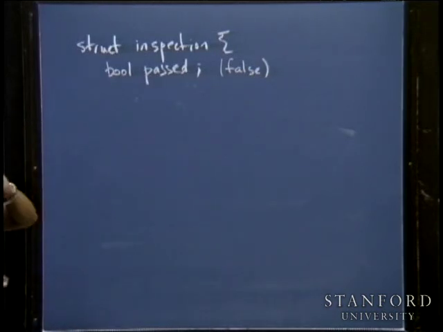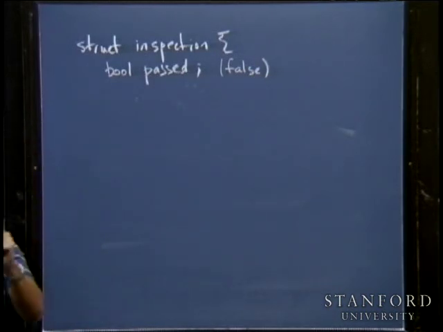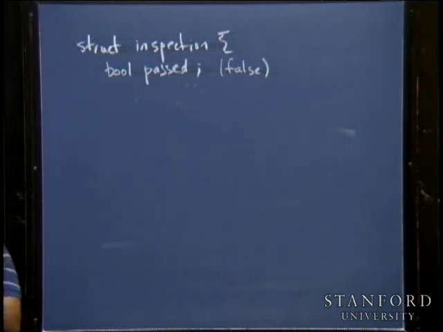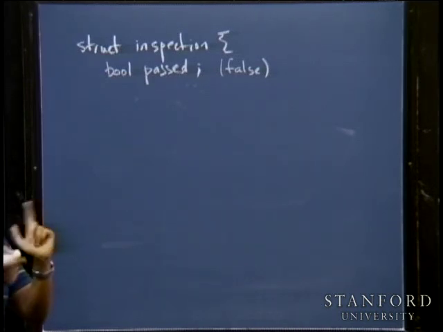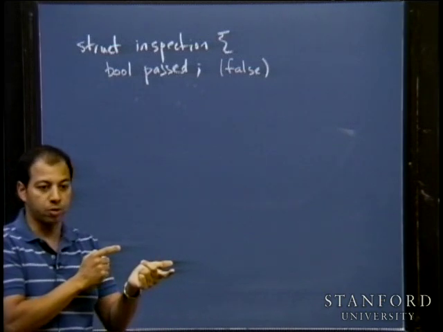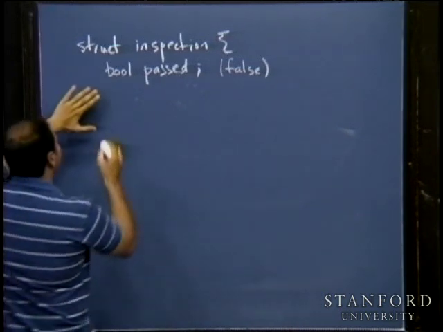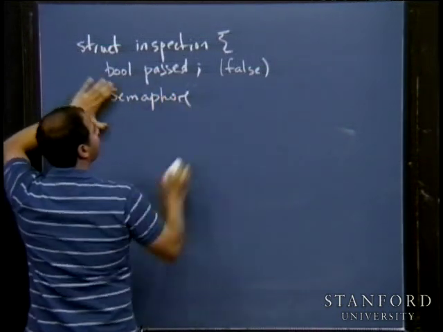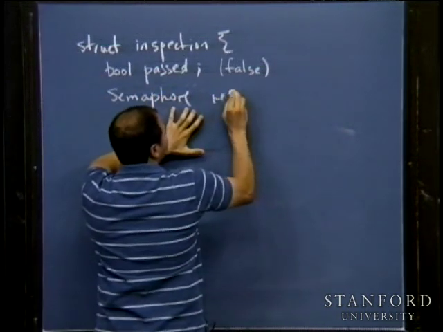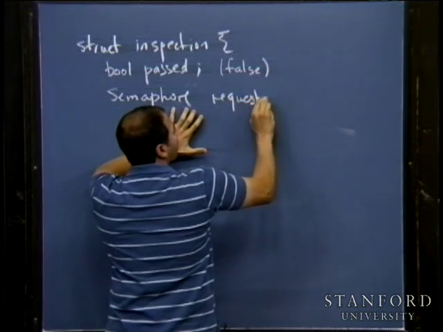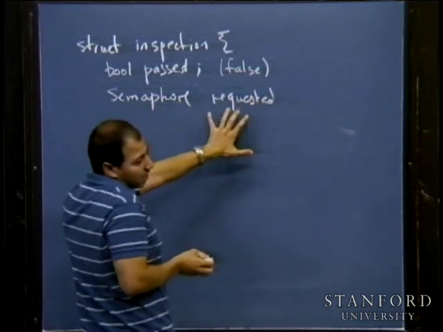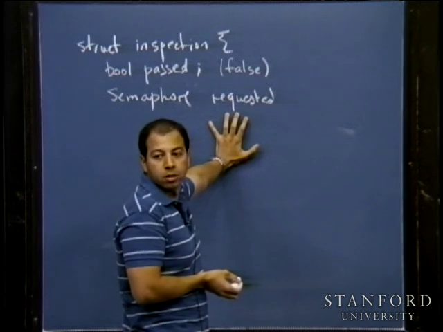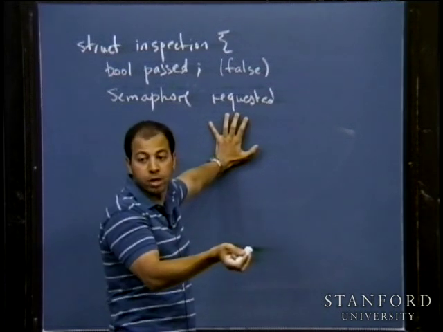Now, what else do we need? The manager has to keep waiting until it's requested for inspection, right? And also the clerk has to wait until it knows that the manager finished its inspection, right? So we need some kind of semaphore for rendezvous. This semaphore, let's call it requested, is going to be signaled by the clerk to the manager to request an inspection, right?